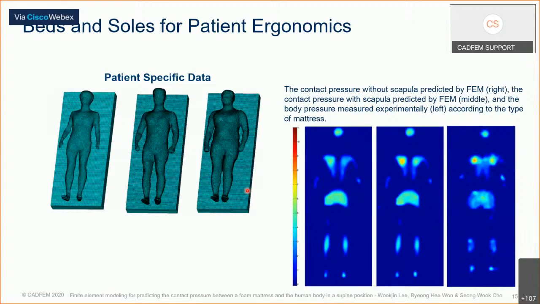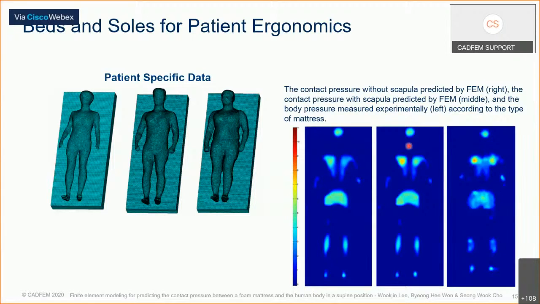Then coming to the next part, the bed, or the sole of the bed itself, the cushion part of it. This is an analysis done in ANSYS itself. You can see here, this part is with the FEA method without modeling the scapula.